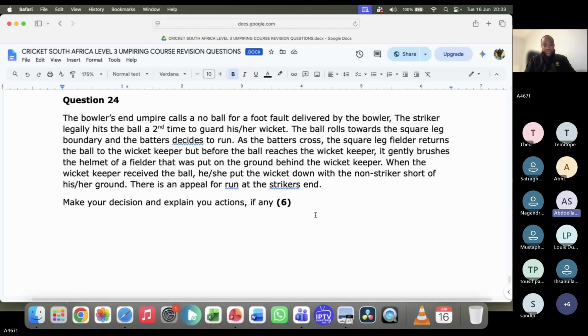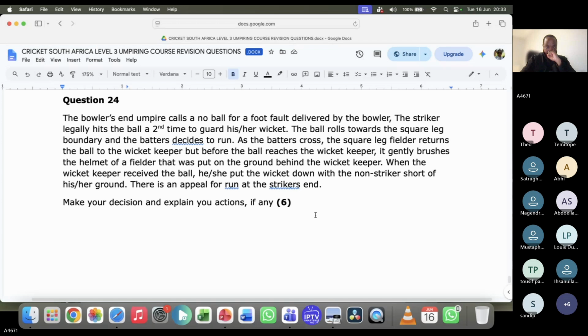While they formulate their answer in their heads, giving them a few more seconds. So, Tom, I don't see any new hands. First hand that was raised was Abi. Abi, over to you.